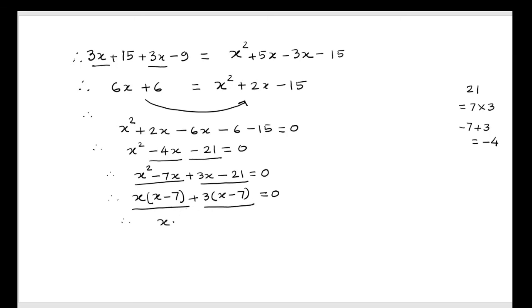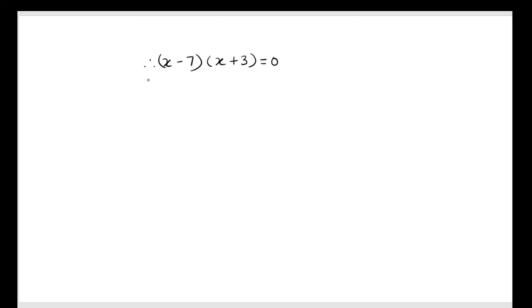So the common x minus 7 is taken out here. Inside the other bracket, we will get the remaining terms. That is, from the first term, we will take x. From the second term, we will take 3. And this is equal to 0. You can now see that the product of x minus 7 and x plus 3 is equal to 0.